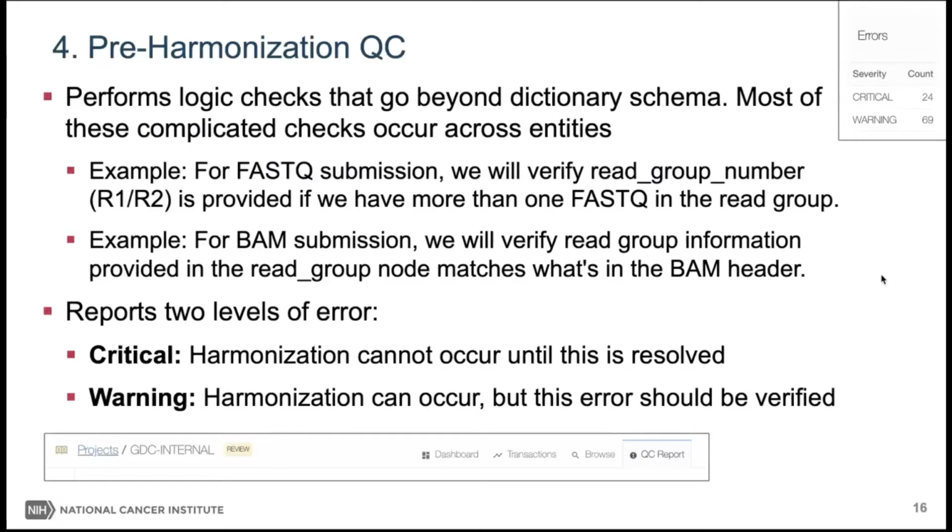But some people do pool together two different samples into one aliquot. We have observed this, so we won't stop harmonization because this is okay. But it will throw a warning so that people can verify that everything is good.